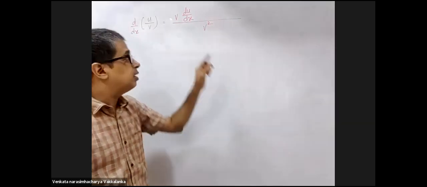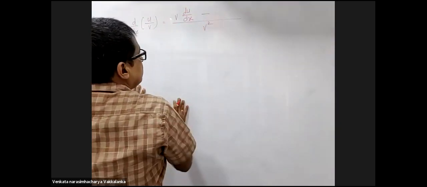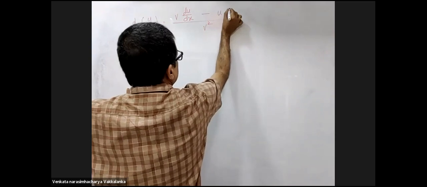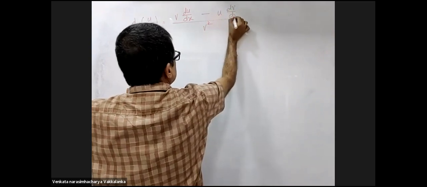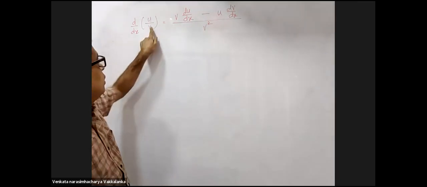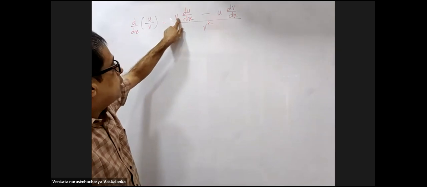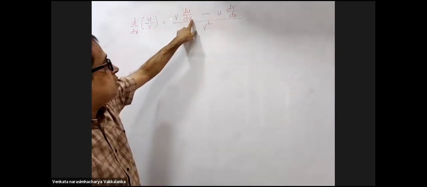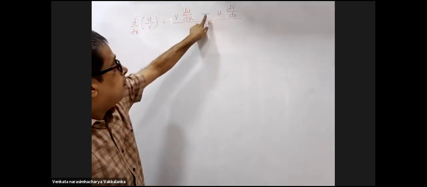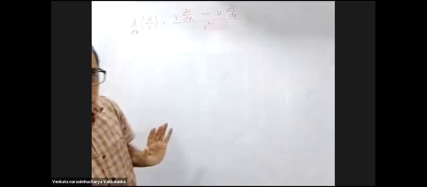In the product rule, you can change the sequence, but here you have to follow the sequence because I have a negative sign here. Then keep the numerator as it is, differentiate the denominator.